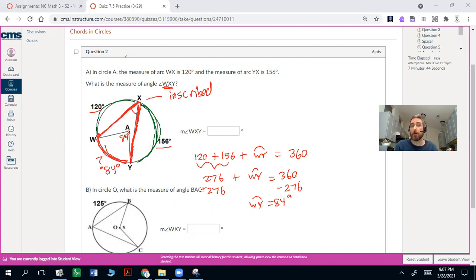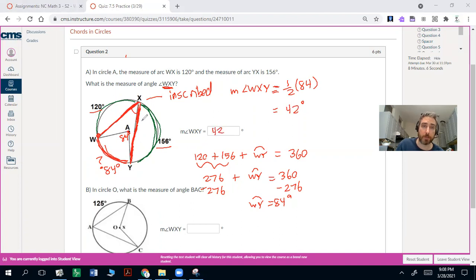That's the same as the arc, because that opens up to the arc. So the inscribed angle WXY, we say the measure of angle WXY is going to be 1/2 of this 84 degrees. So 84 divided by 2, and that's going to be 42 degrees.